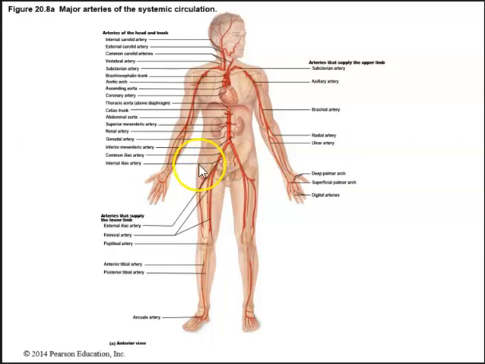And then once it passes the inguinal canal, it becomes the femoral artery, all the way down to the tibial and fibular arteries, as well as the arteries within the foot, giving blood supply to the lower limbs.